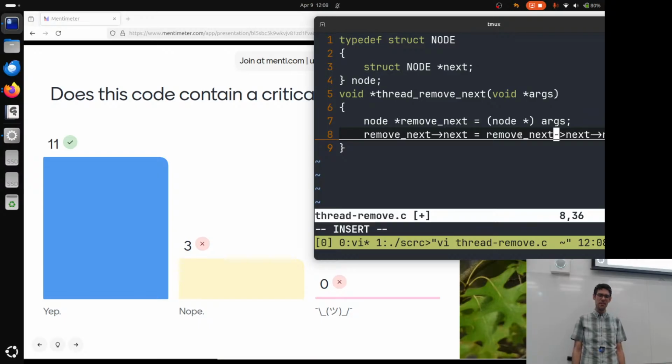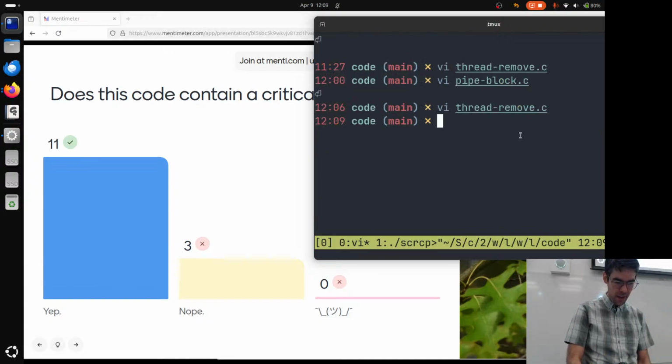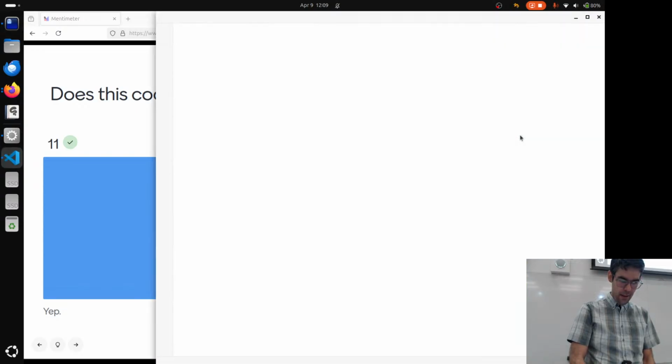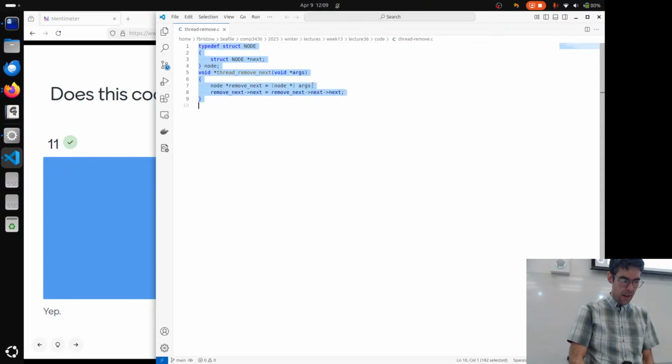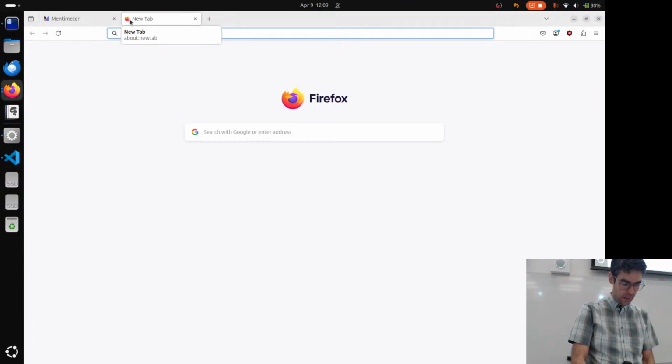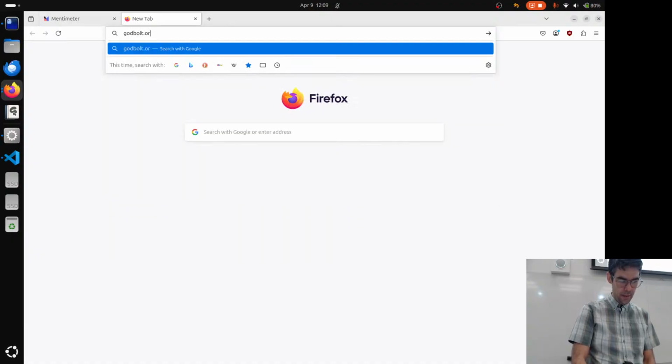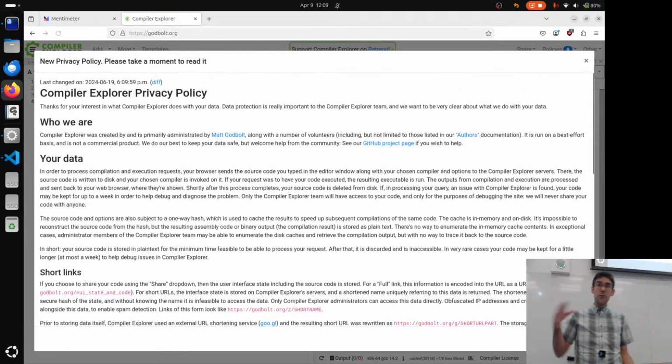What I do want to show you really quickly is I want to take a look at this thread remove.c. And I want to look at it in a website called godbolt.org. This is somebody's surname.